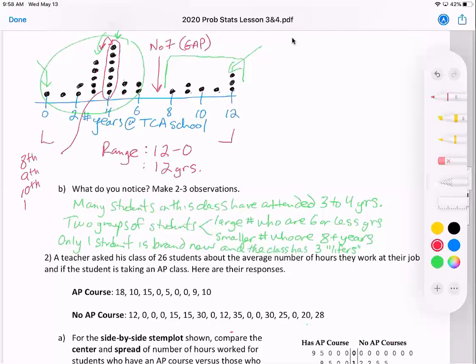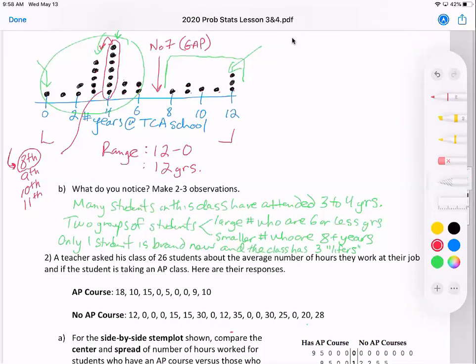So that's kind of interesting, right? Because maybe what happened is they knew they wanted to come to the high school for 9th, 10th, 11th, but they wanted to try to get in early, right? Because sometimes it might be difficult to get in if there isn't space at the school. So they actually started wisely in 8th grade, so then they would have a better chance to make it into 9th grade. So maybe that's what happened.